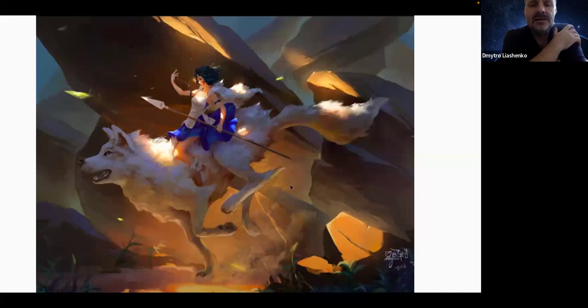It gives us an accent, and we can distinguish the figure of a woman who is riding a wolf.